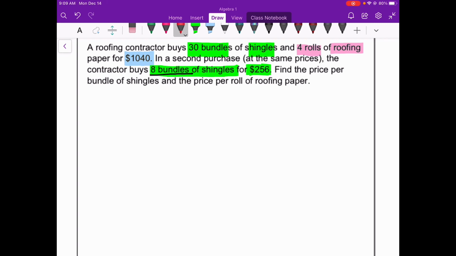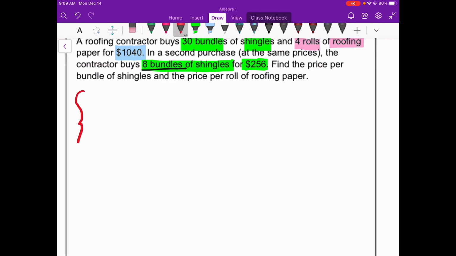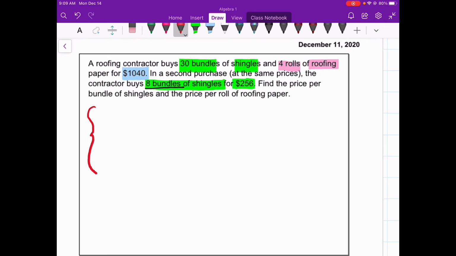So let's write the equations down. So step 1, set up your brackets to remind yourself we're setting up a system here to solve this problem. Then define your variables. We know in a system we have a variable x and a variable y. 2 variables, 2 different things in the problem. The question at the end of the problem tells you what those variables are.